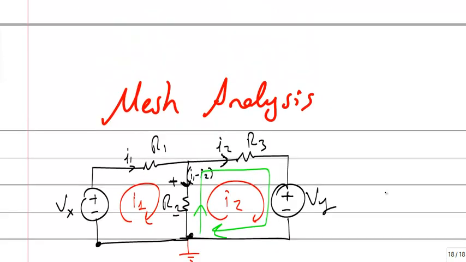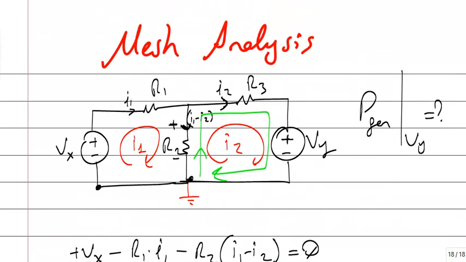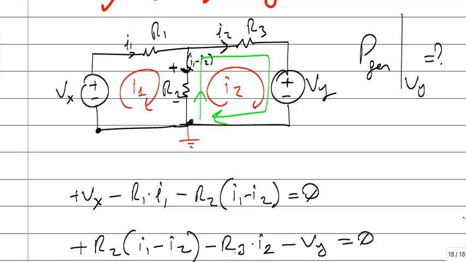And after finding the mesh currents, you can find everything. For example, question: what is the power generated by Vy? What is the current of that source? Yes, I2.